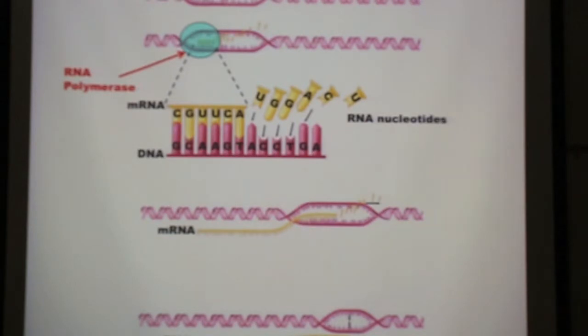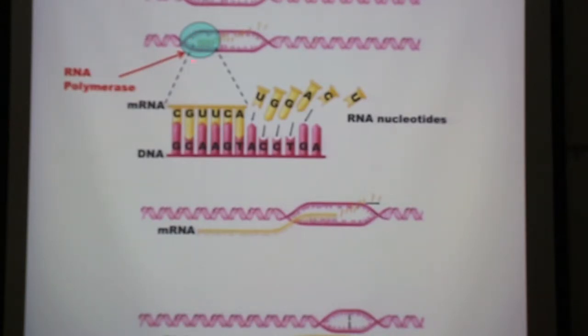What you see here is very similar to what we had with DNA replication, where we used DNA polymerase, remember, to copy the DNA and hook nucleotides together. But instead, here we're going to hook RNA nucleotides together.